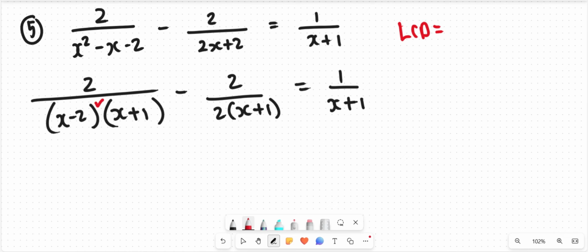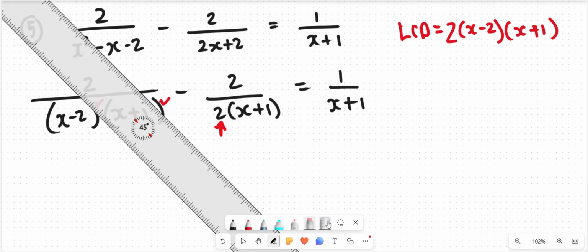We have this x minus 2 bracket that needs to come out, this x plus 1 bracket that needs to come out, and this 2 that also needs to come out. So I put the 2 in front there. So I've established what my LCD is.